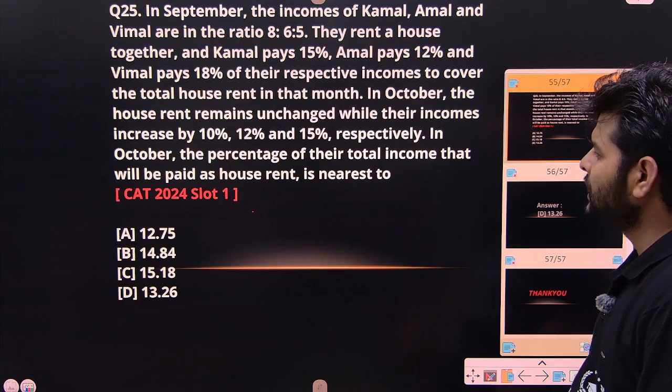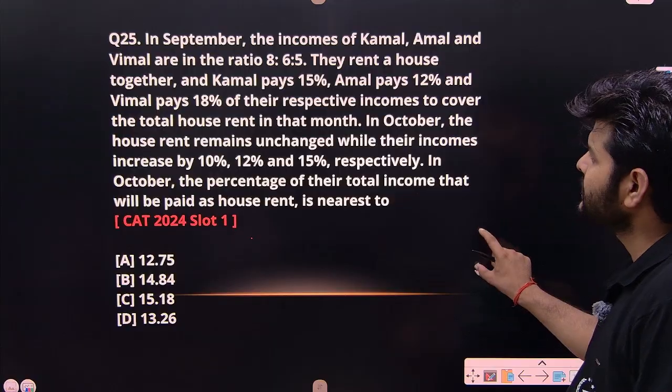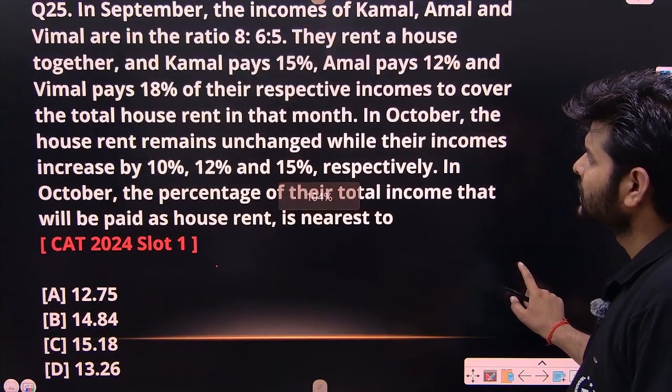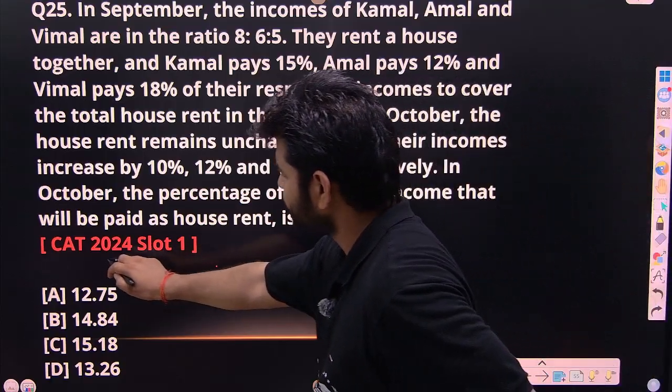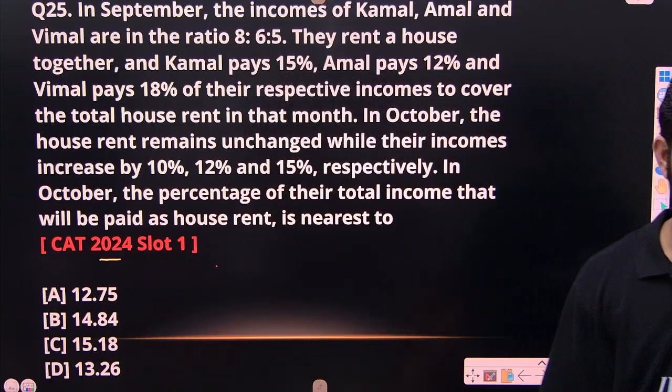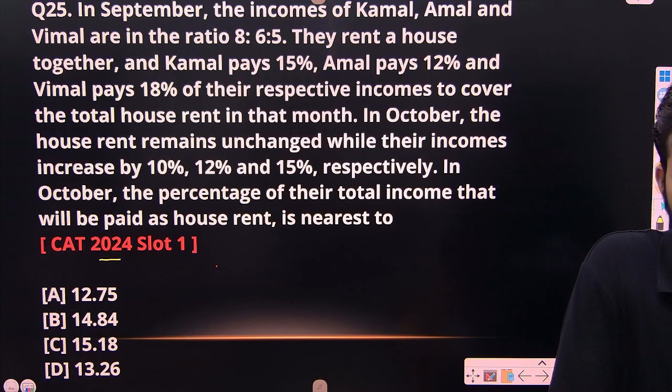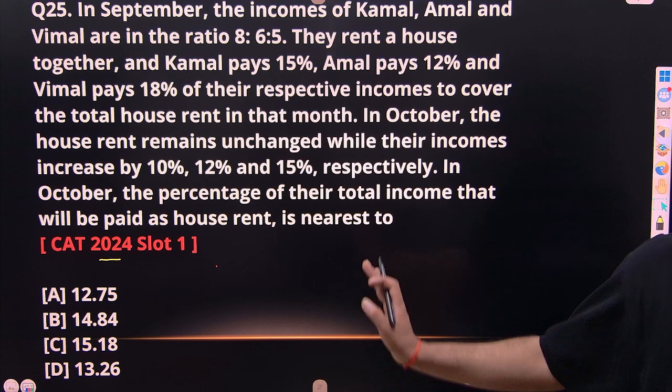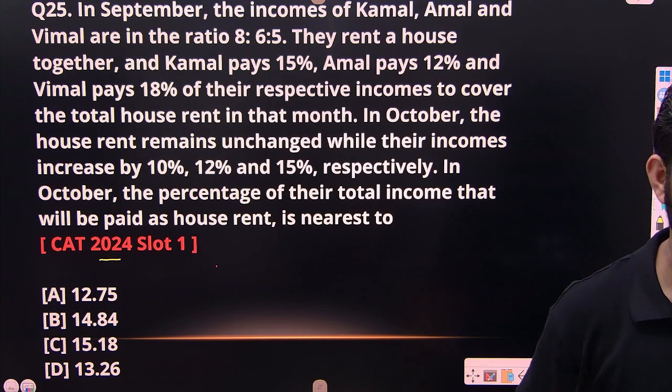Guys, this question was asked in 2024. You need to understand which type of questions are going to be asked in the present, in the current situation. This is a question from the year before last.